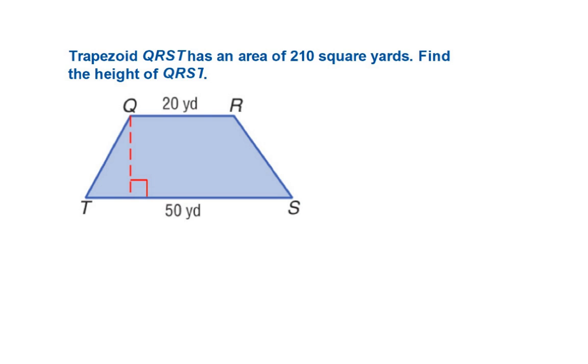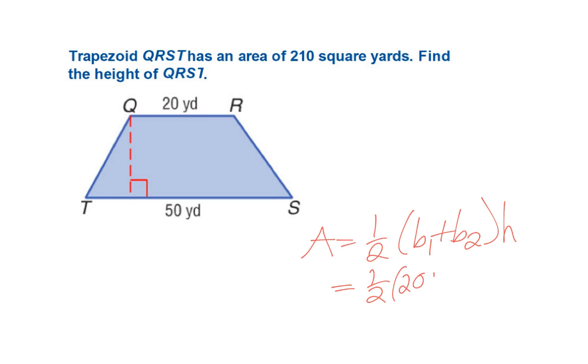Here's another one where we want to find the height. With this one, always identify the shape first. It's a trapezoid. Once you know the shape, pick out the right area formula. So it's half of B1 plus B2 times the height. Our two bases are 20 and 50.